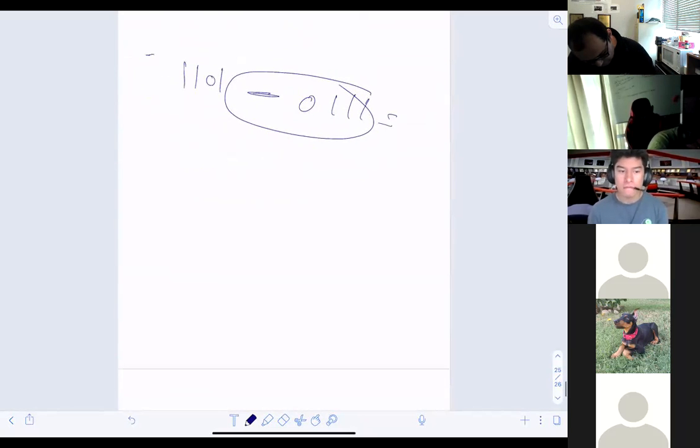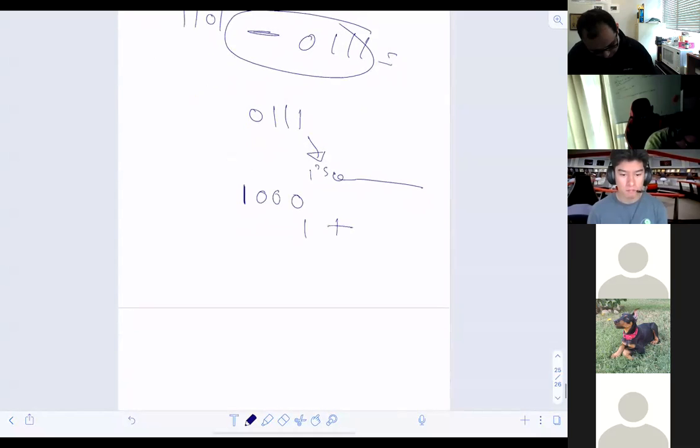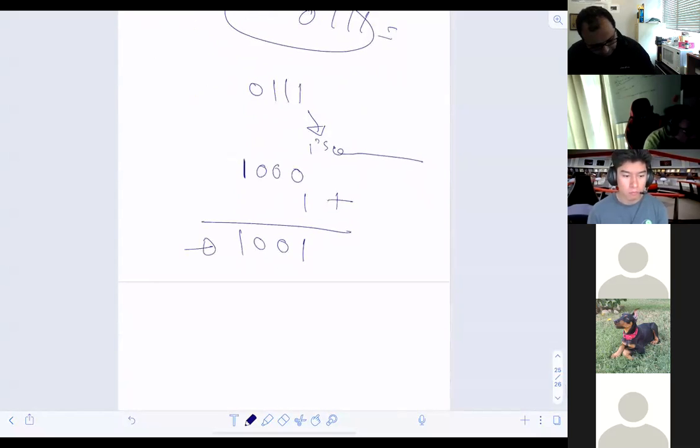So the first step is going to be 1110. This will be the 1's complement, which is basically flipping every single 1 to 0 and so on, right? So this one will be 0, 0, 0, and 1. So what I have now is the 1's complement. I add 1. It's going to be 1, 0, 0, 1, and this is actually my 2's complement, right?